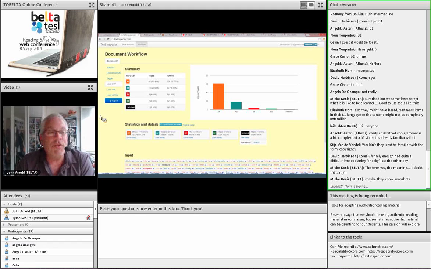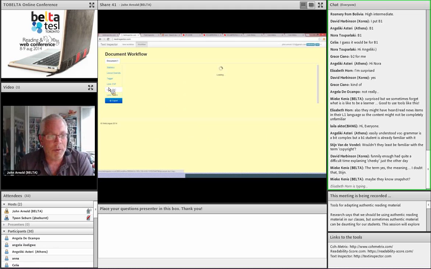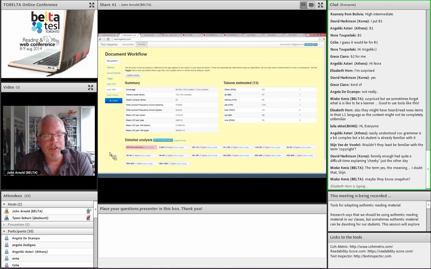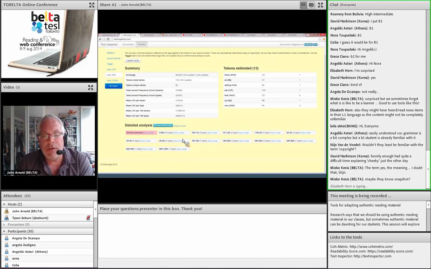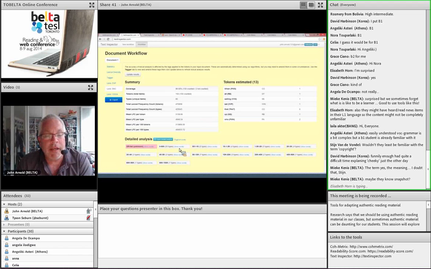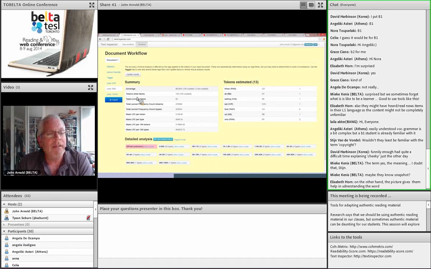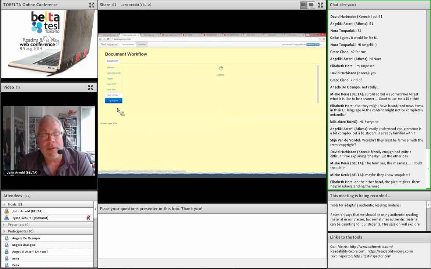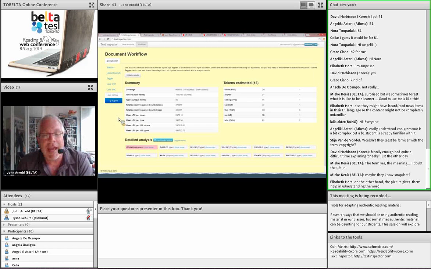It also will give you an analysis in terms of the British National Corpus, which word families or word tokens fall into the various groups in the British National Corpus, and then also for the Corpus of Contemporary American English as well.